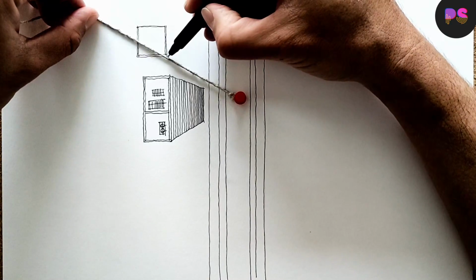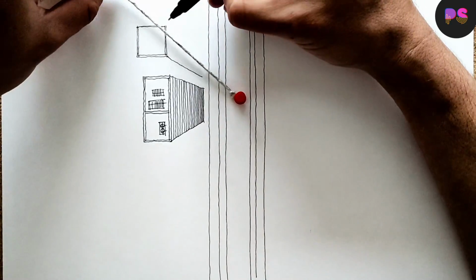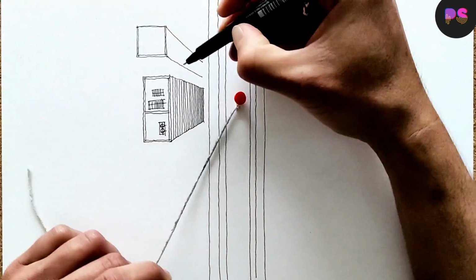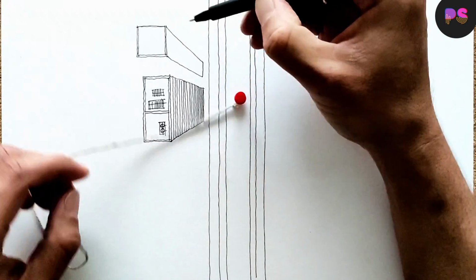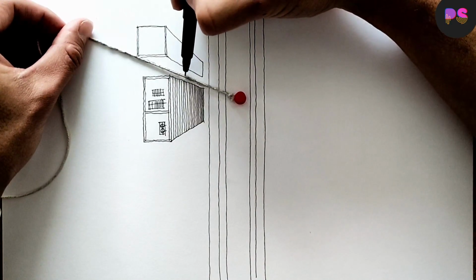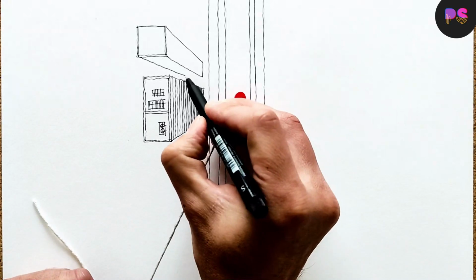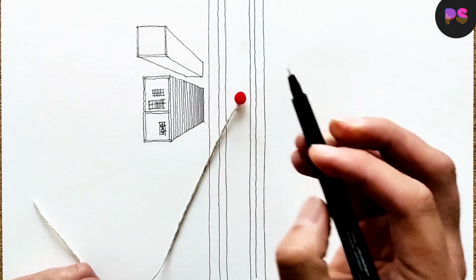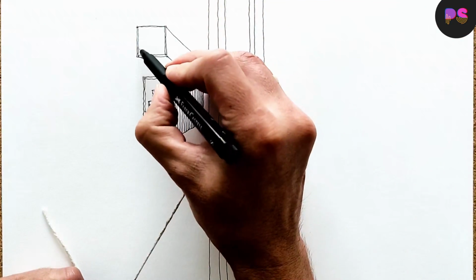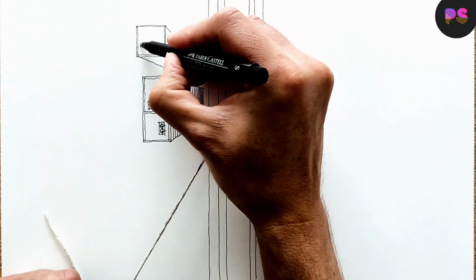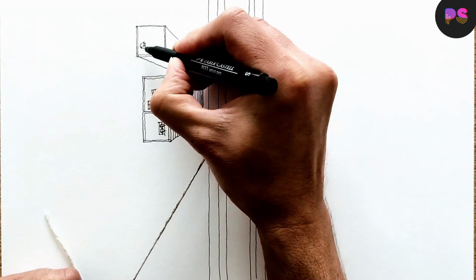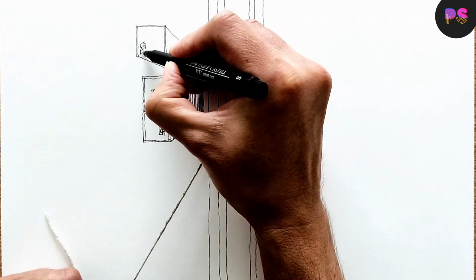You're gonna be able to just use the string, draw every line, and keep your drawing as clean as possible. If you've ever tried perspective drawing in your life, you know what I'm talking about, and it's really hard to have to erase all those lines afterwards. So this just works like a charm.